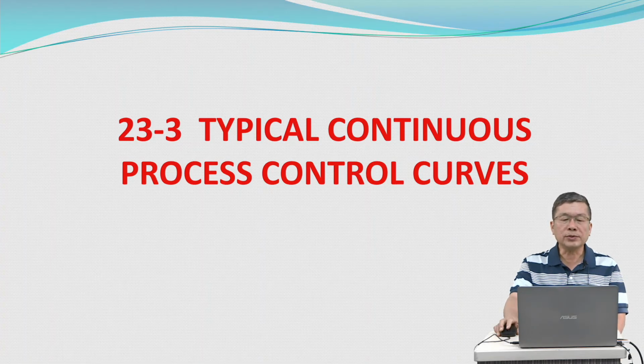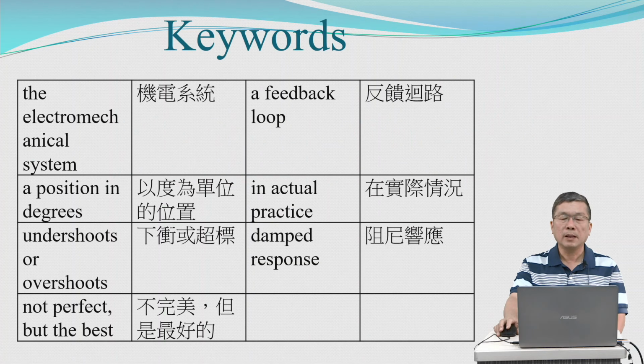Typical continuous process control curve. The keywords: the electromechanical system, a feedback loop, a position in degrees.